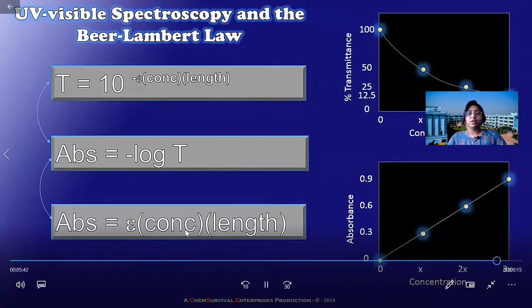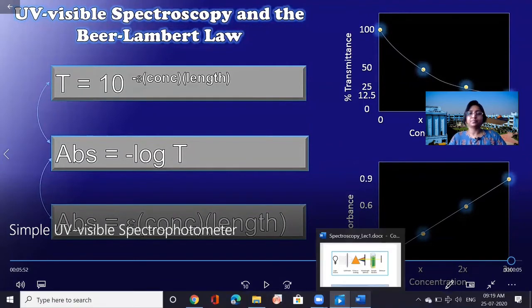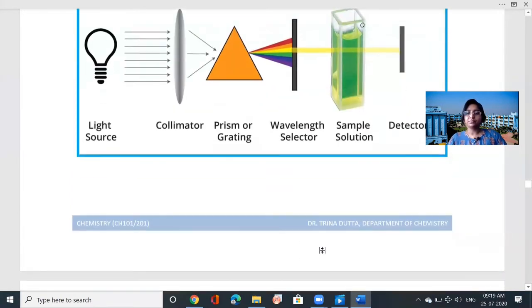After that, we take an unknown sample, and from this graph we will get the absorbance of the specific sample. So in this way, UV-visible spectroscopy works. You have understood very well how UV-visible spectroscopy works. You have visualized.